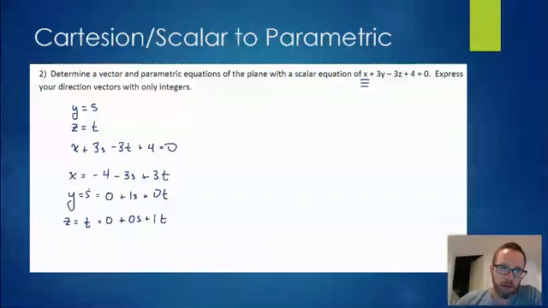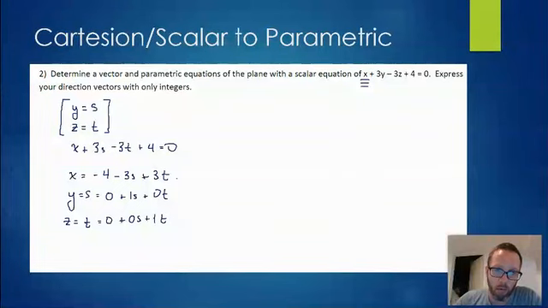And so you can see by choosing our first two parametric equations like we did, basically we're saying our point is going to be the point where the y and z values are 0, and we get the point negative 4, 0, 0 is that particular point on the plane. And we set our direction vectors, our first one will have a y and z of 1 and 0 respectively, and our second direction vector will have y and z values of 0 and 1.